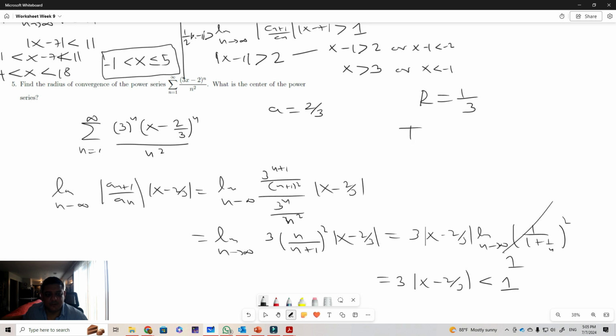And now the interval of convergency here is going to be between minus 1 and 1, since we pretty much break this apart like x minus 2/3 between minus 1/3 and 1/3. So if we're adding both of those directions, wait a minute.